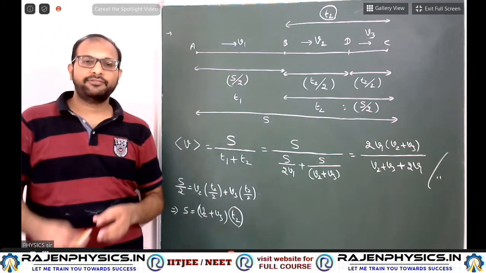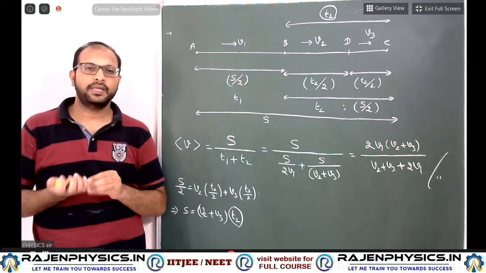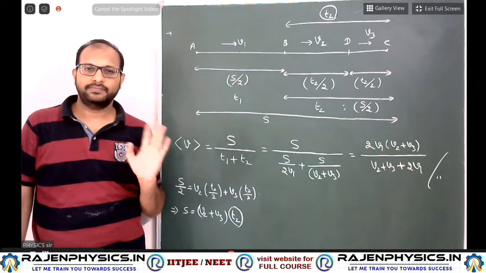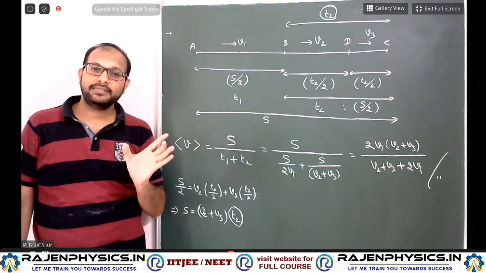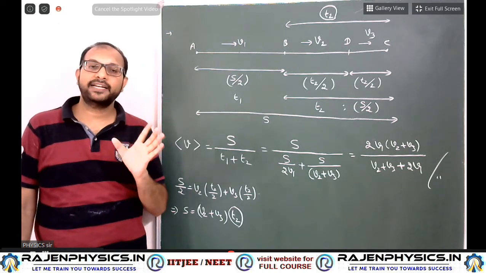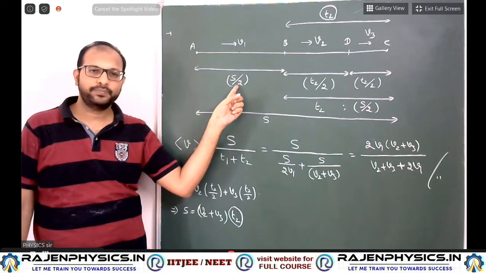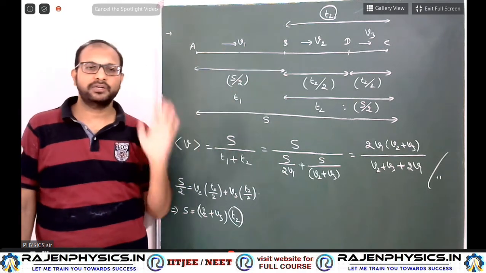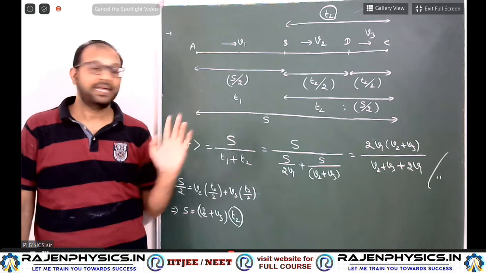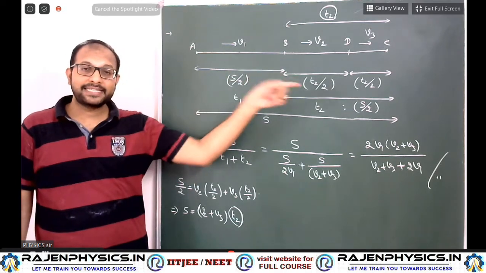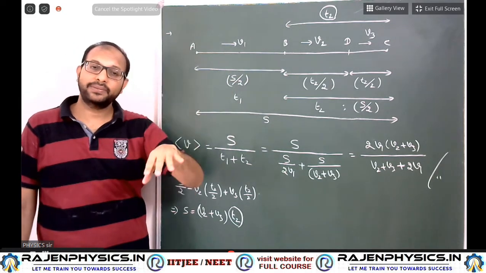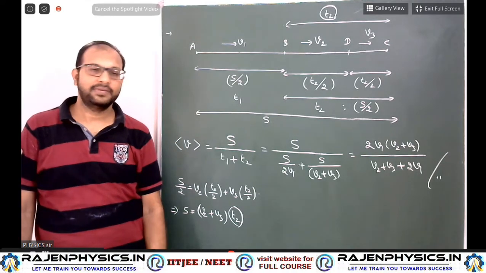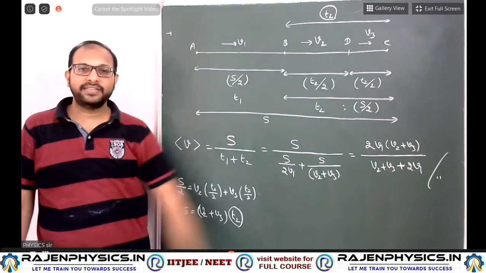Students, carefully observe here. The total journey distance is S. In that, half of the total distance, S by 2, only one uniform velocity is maintained, that is V1. No doubt, only V1. The remaining distance is S by 2. In that S by 2, two velocities are maintained, V2 and then V3.